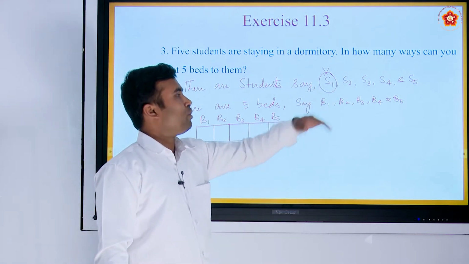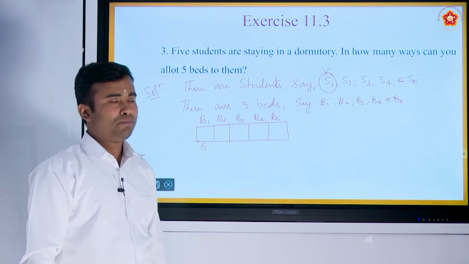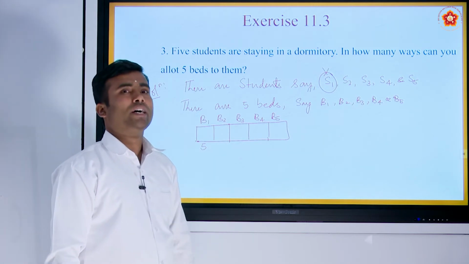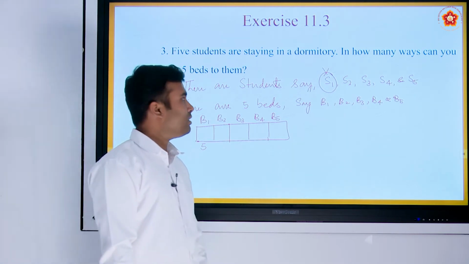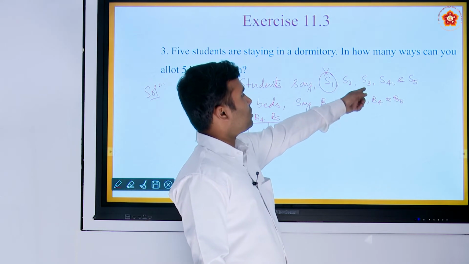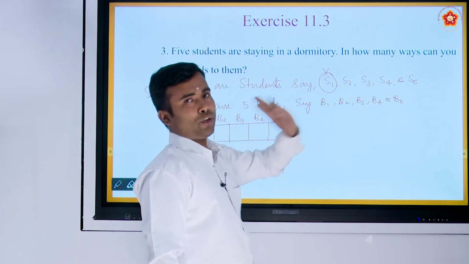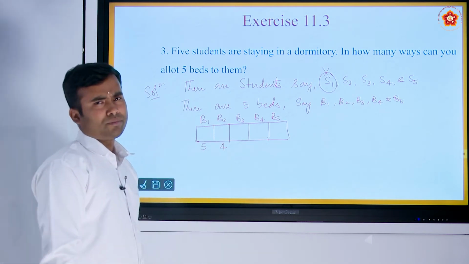Now there will be 4 students left and 4 beds left, and the second bed can be arranged in 4 ways. So either you can accommodate student 2, student 3, student 4 or student 5 in bed 2. That means there will be 4 choices.